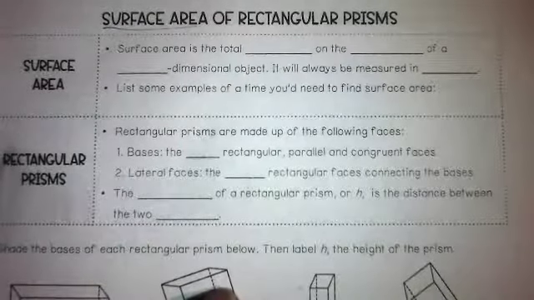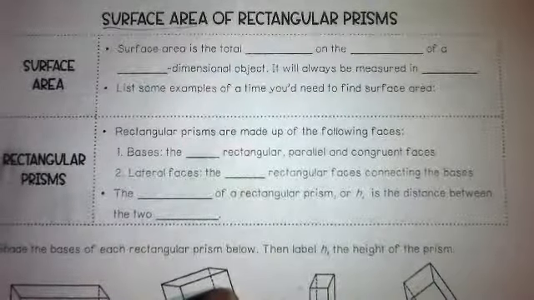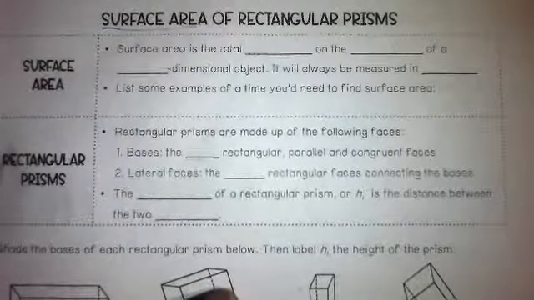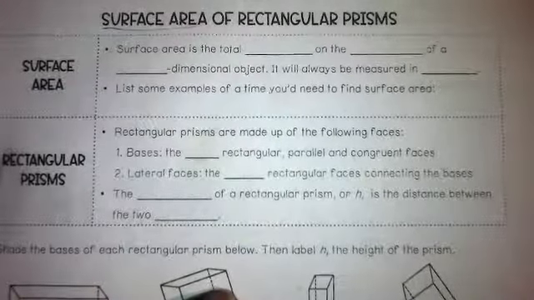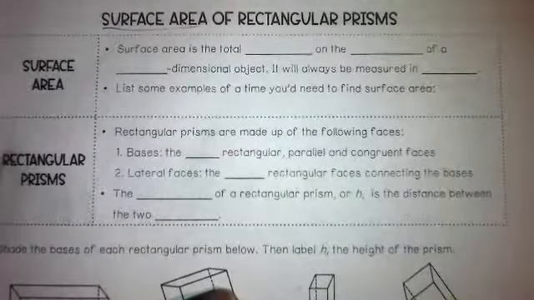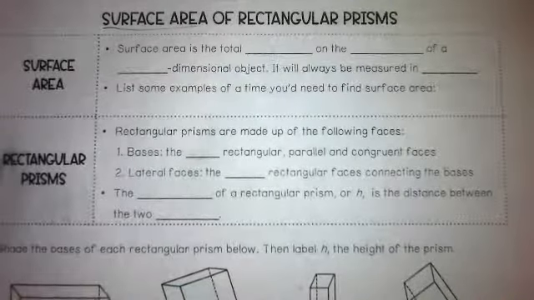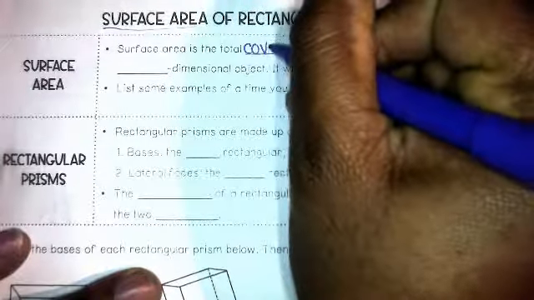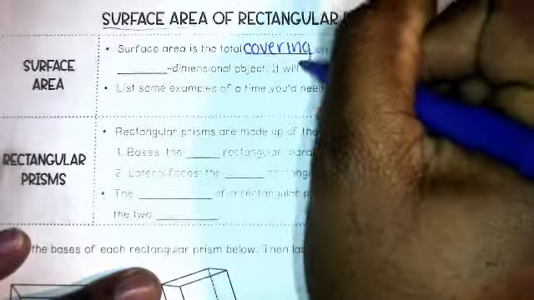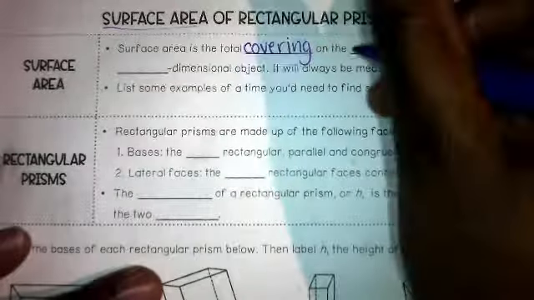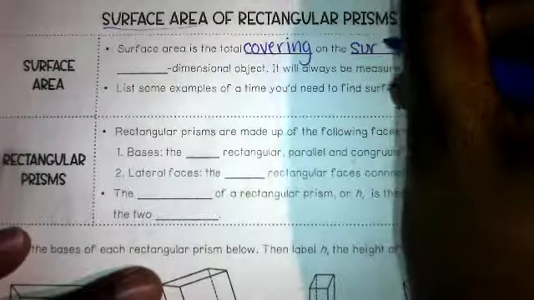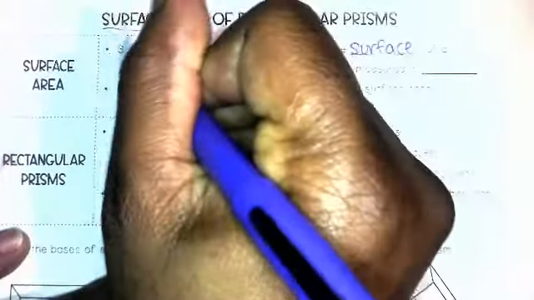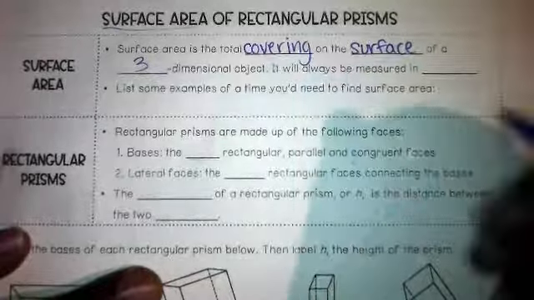Okay? So first things first. The surface area is the total covering on the surfaces of a three-dimensional object.